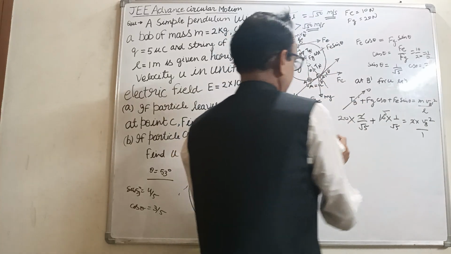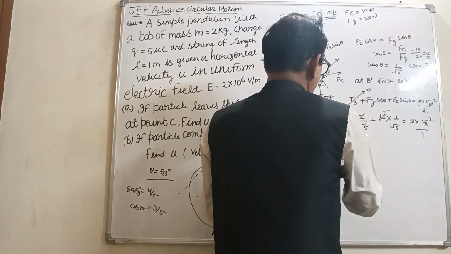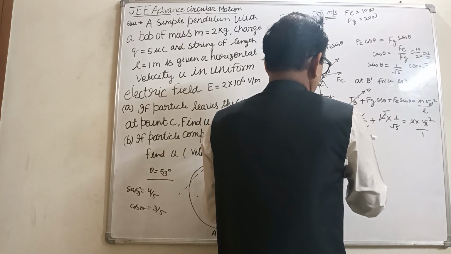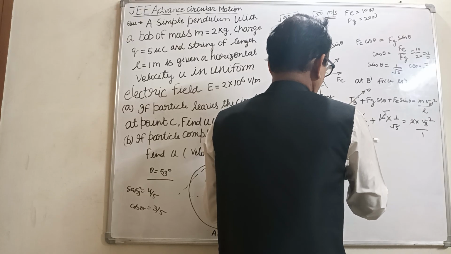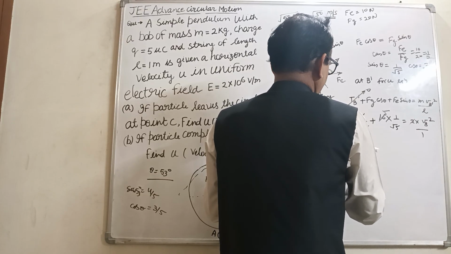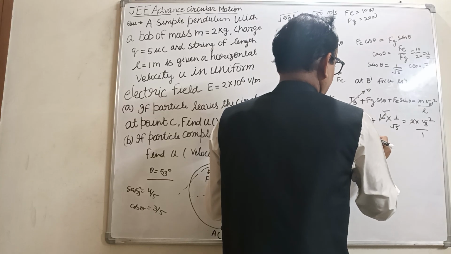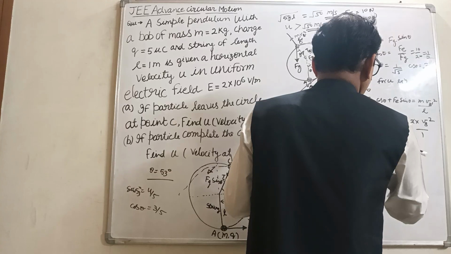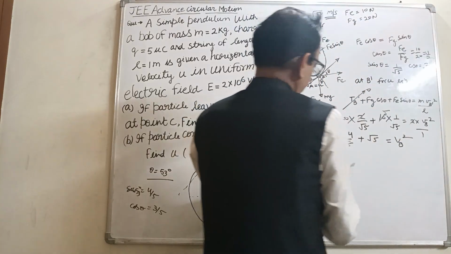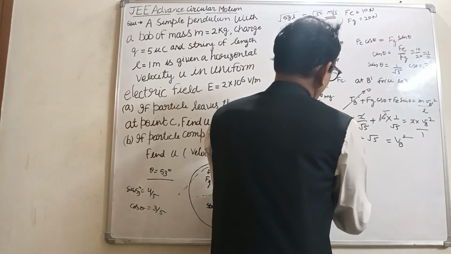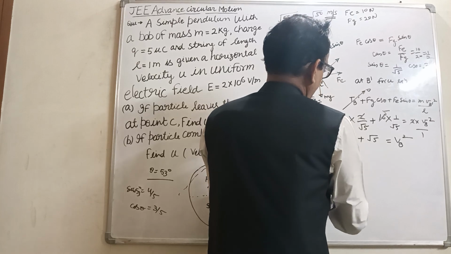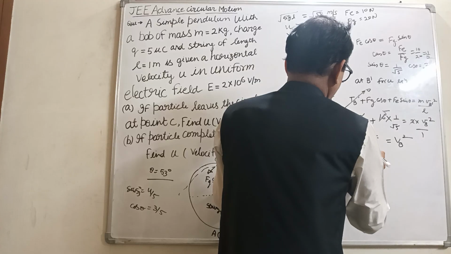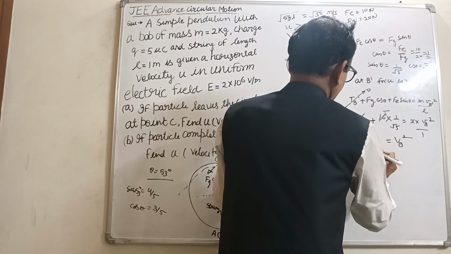So we write here 10 into 20, 5 cross 4, upon root 5 plus this becomes root 5, equal to v dash square. So we write here 4 root 5 and this becomes 5 root 5, v equals under root 5 root 5.